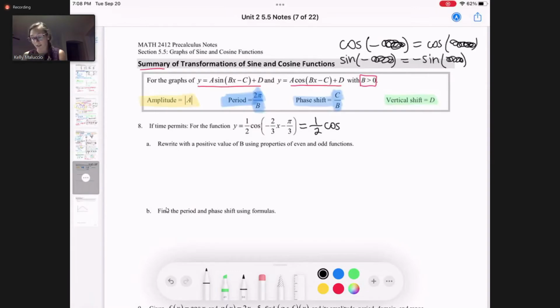So I'm going to pull this negative out, and write in parentheses, here's my clump. If I take a negative out of 2/3, I just get 2/3 x. That's fine. But this changes to plus pi over 3 because I'm pulling a negative out of each of these things.